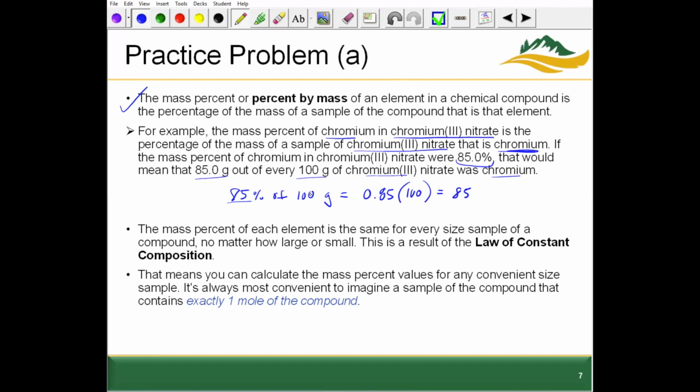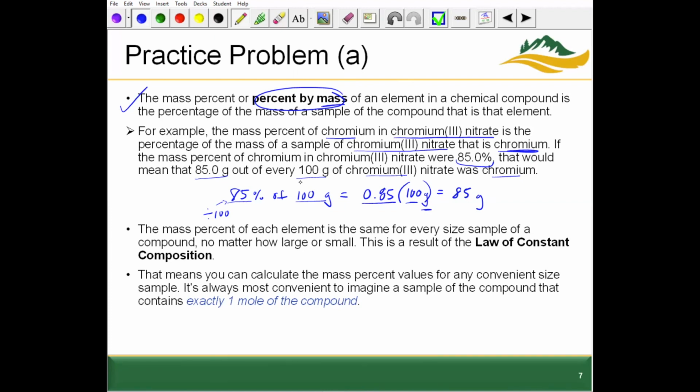Well, 85% of 100 grams. We need to convert this out of a percentage and into a decimal by dividing by 100. So 85% of 100, we end up determining that by taking 0.85, so 85% divided by 100, then multiplied by this mass, so 100 grams. It's important here we note this is grams because we're dealing with a percent by mass concept right now. So percent composition, think percent by mass.